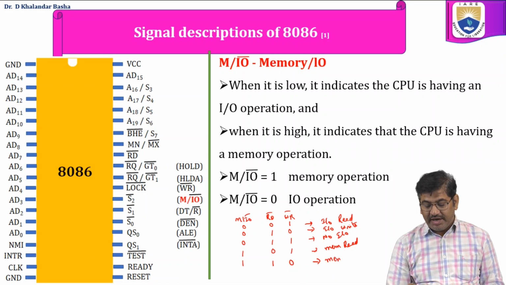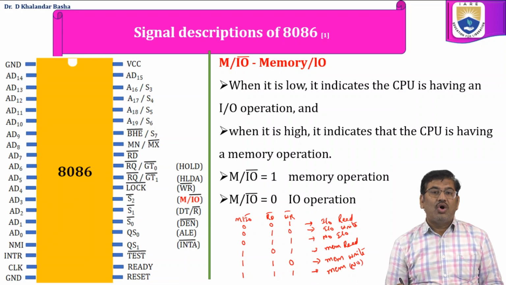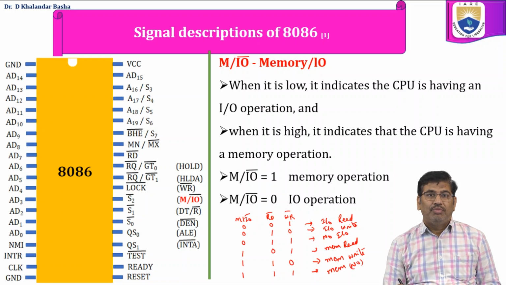So this indicates a memory write operation. If M/IO bar is 1, read bar is 1, write bar is 1, that indicates there is no transaction with IO and no operation with respect to memory, either read or write operations.